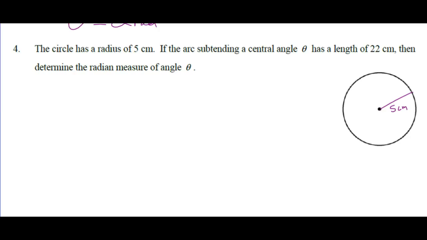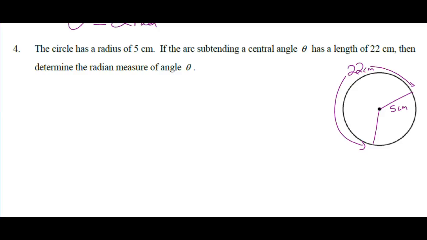That's more than half, right? Yeah. So the circumference of this circle is 10 pi. 10 pi is like 31. Half of that is like 15. So 22 is down here, right? So here's my arc length. Oh, let's write that in as 22 centimeters.